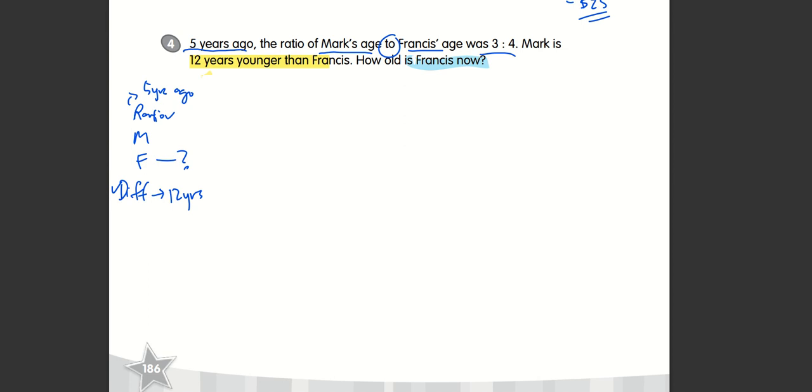So if I were to draw a model of Mark to Francis 5 years ago, Mark's 3 units and Francis 4 units. So as you can see, the 12 years younger is this unit here.